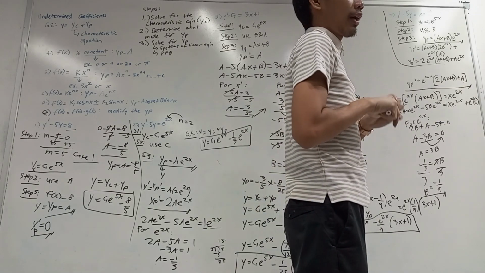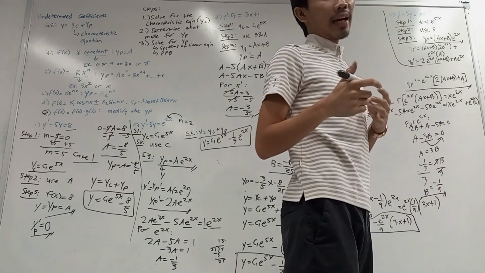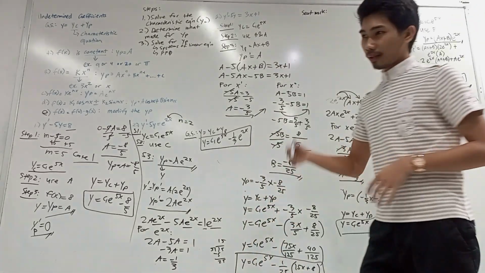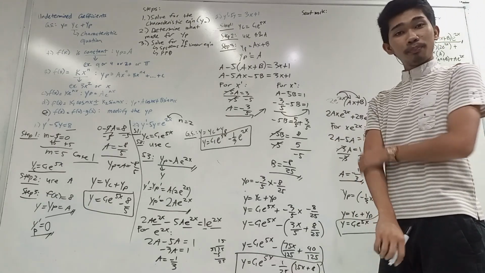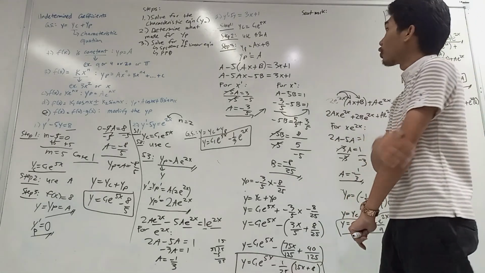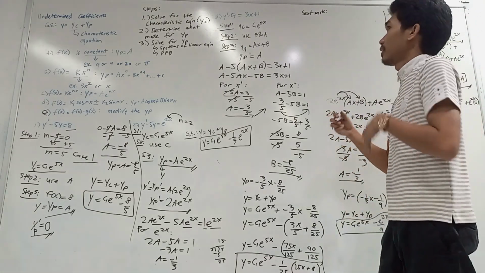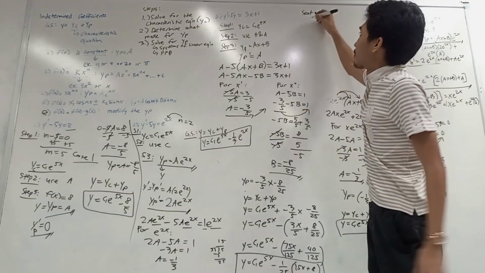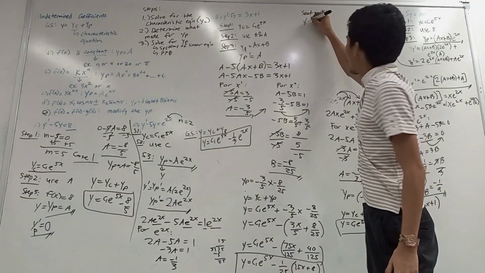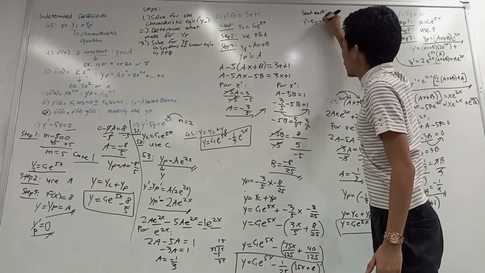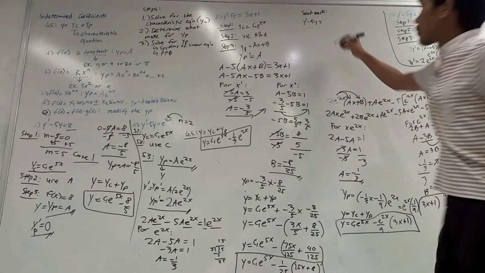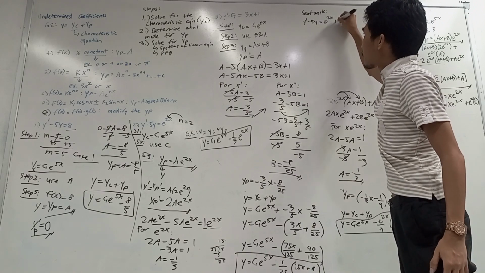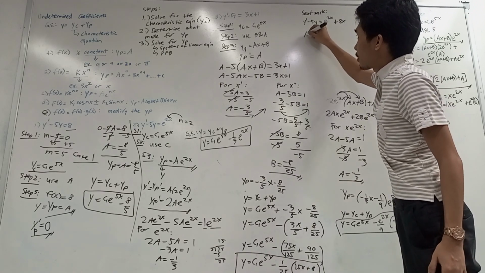So, sa seat work, siguro isang item lang and then mag-send ako ng photos sa previous exam namin sa Undetermined Coefficients and then try nyo i-answer para masanay. So, y prime minus 5y is equals to e raised to 2x plus 8x.